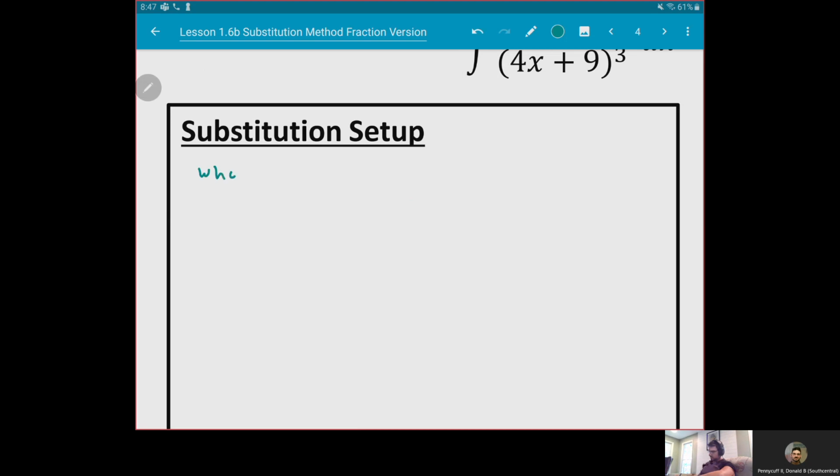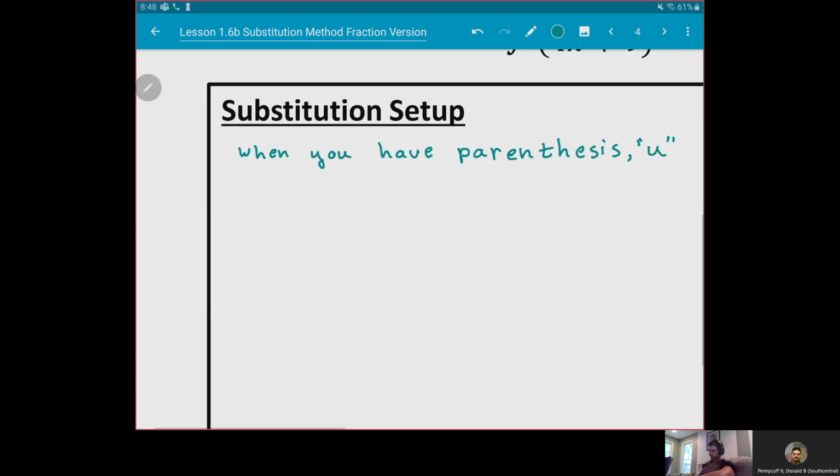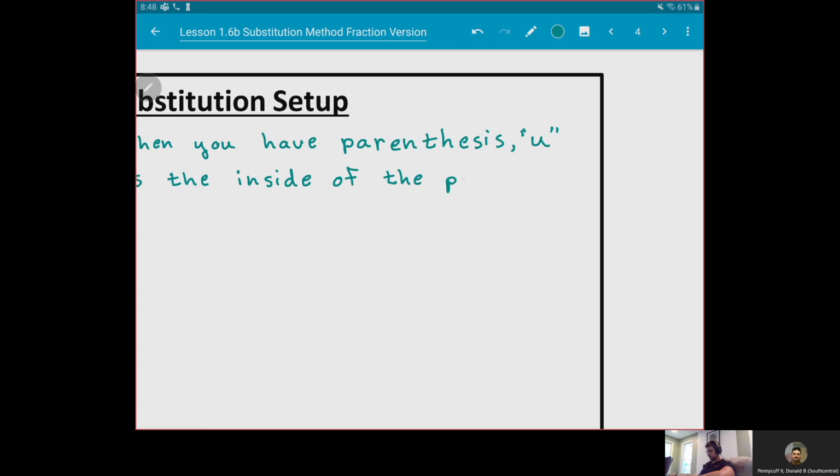When you have parentheses, look, parentheses, u is the inside of the parenthesis and not the whole thing.